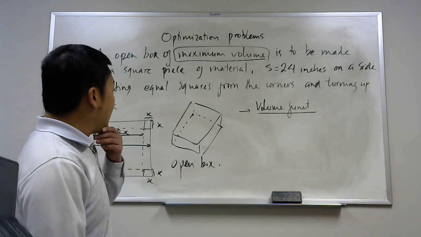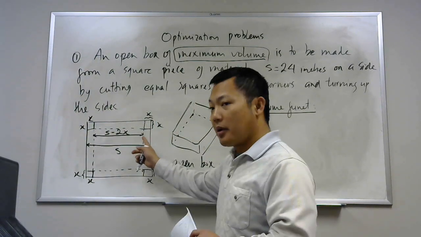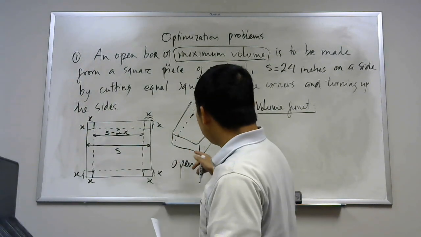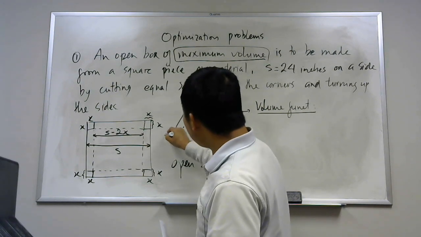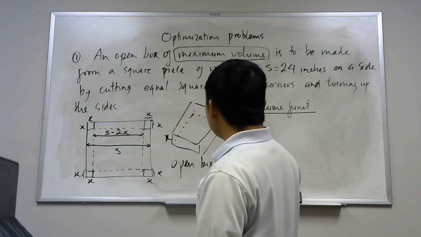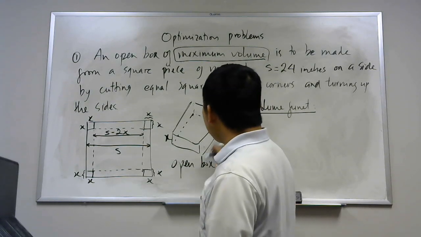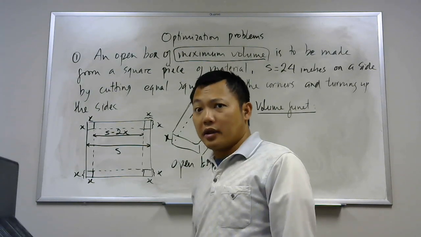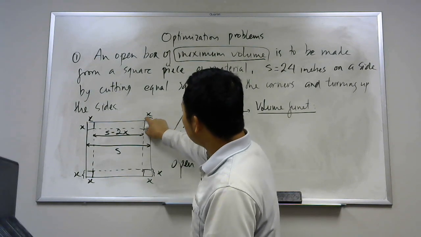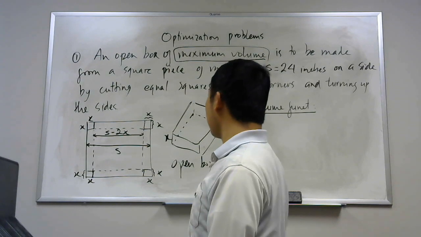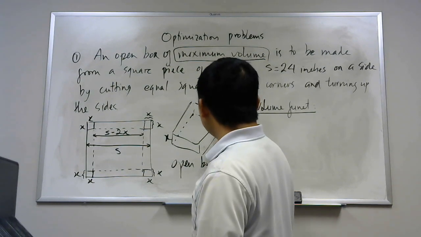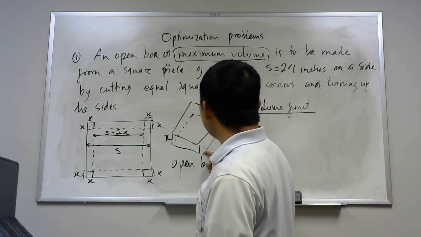So let's say, what do we have? If you compare this picture and this picture, basically we make a corner. So the height of this box should be x. And of course the base of this box is also square, because we cut 4 corners in here, and 4 corners have the same side. So basically we need to find this side, this side, this side.